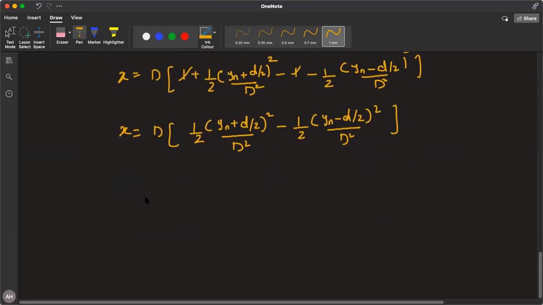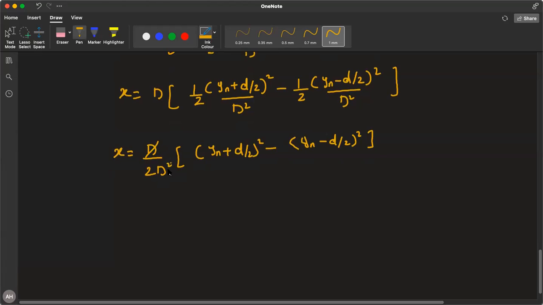So from these two terms, you can take 1 by 2 d square as common. You are left with (Yn plus d by 2) whole square minus (Yn minus d by 2) whole square. This d will cancel the square, and you will get x is 1 by 2d times this.